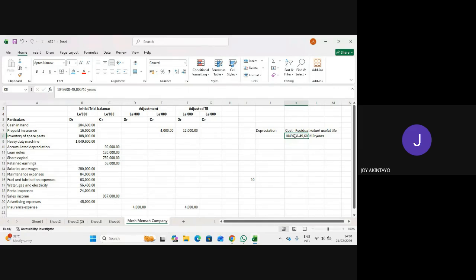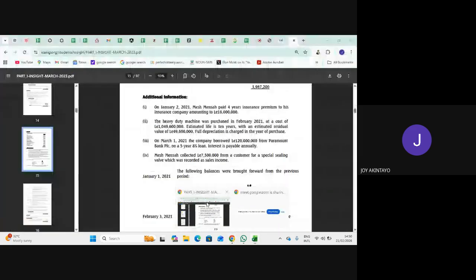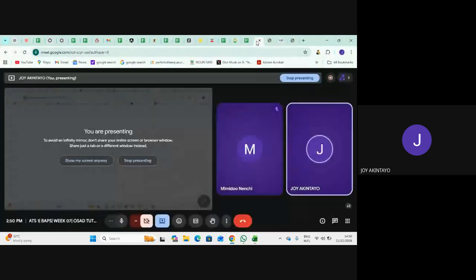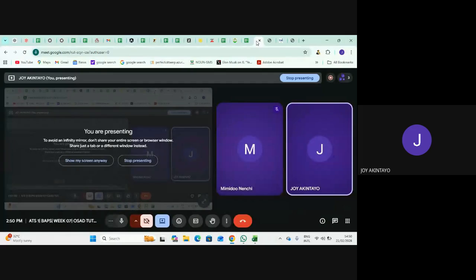What will be our annual depreciation at the end?